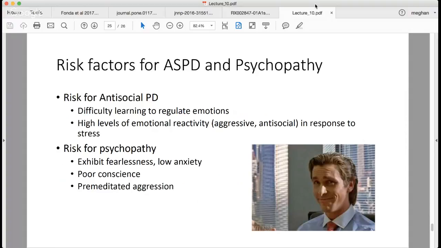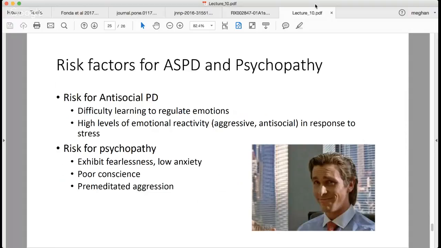Other children may have few problems regulating negative emotions, instead showing fearlessness and low anxiety, as well as callous unemotional traits, and reduced amygdala activation while responding to fearful facial expressions. They're more likely to show poor development of conscience.